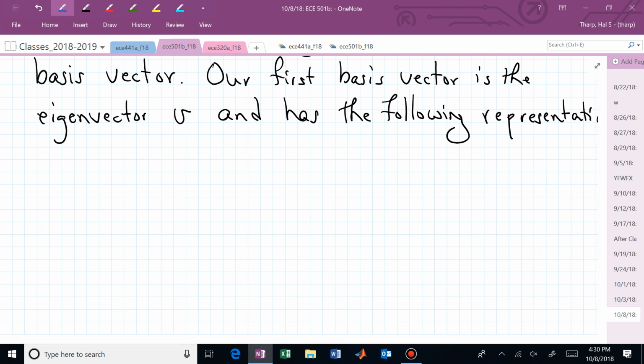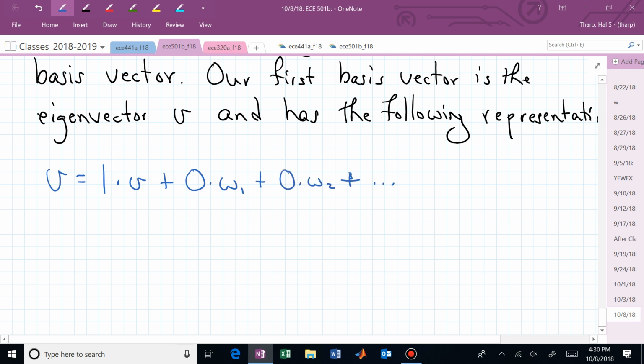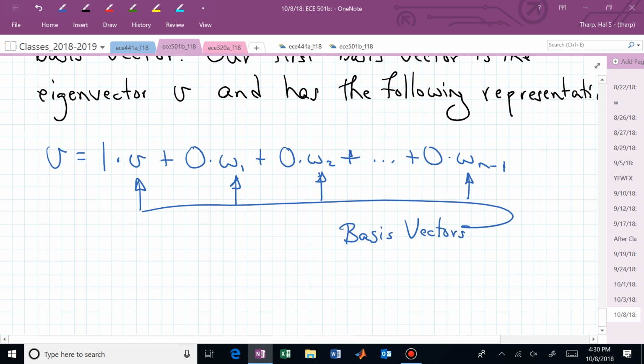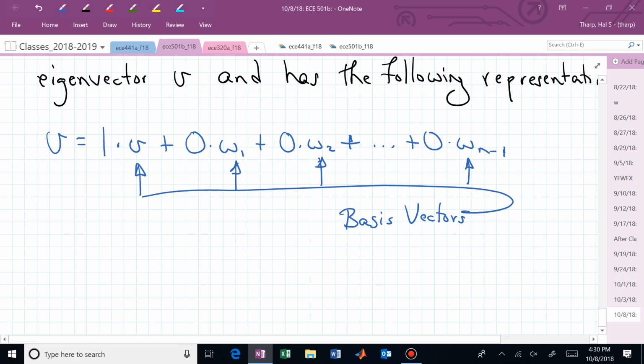If I now write V in terms of the basis vectors, I have 1 times V plus 0 times W1 plus 0 times W2, etc., 0 times W sub n minus 1. And these are all the basis vectors. And that's why I can now have that lambda with zeros everywhere below it.